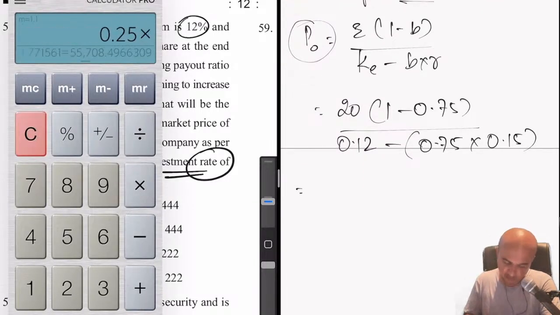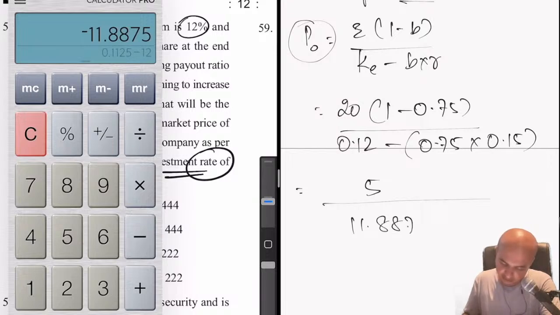So 0.25 into 20 will be 5, obviously. Then 0.75 into 0.15 is 0.1125. Something is wrong somewhere, no?